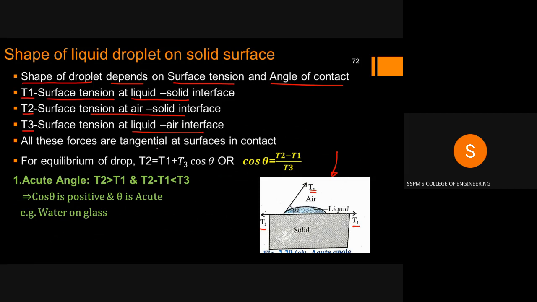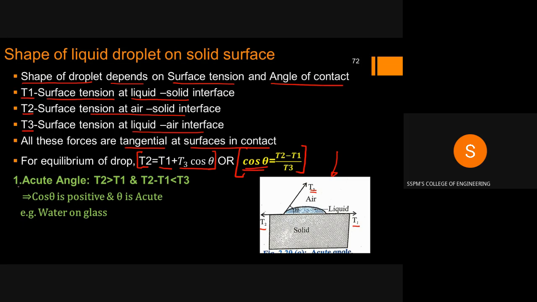All these forces are tangential at the surfaces in contact, and for equilibrium of the drop, this relation will be satisfied: T2 equals T1 plus T3 cos theta, or cos theta equals (T2 minus T1) divided by T3. So this is the relation for the equilibrium of the drop.